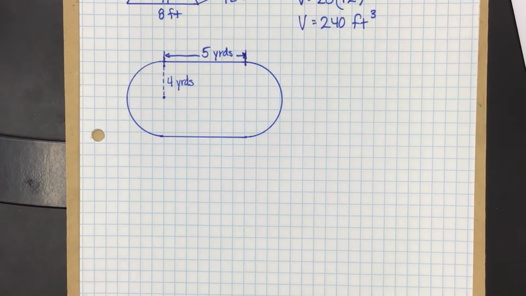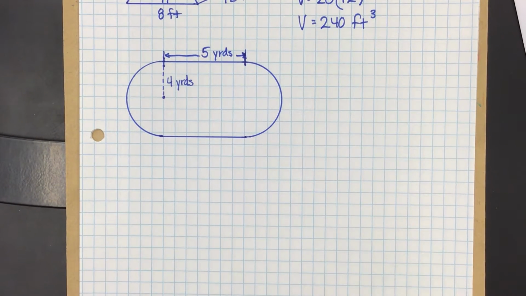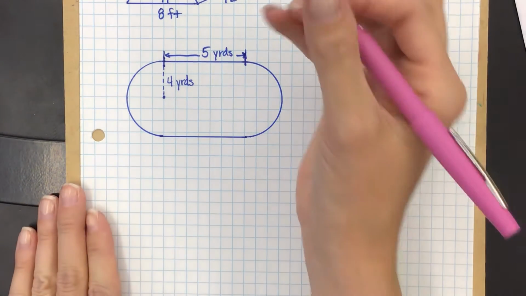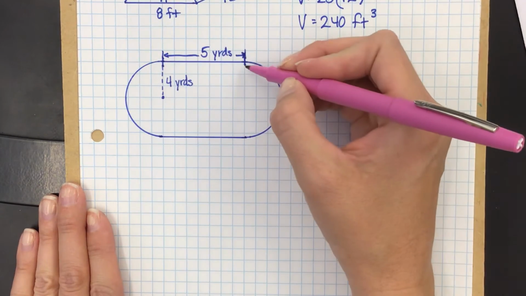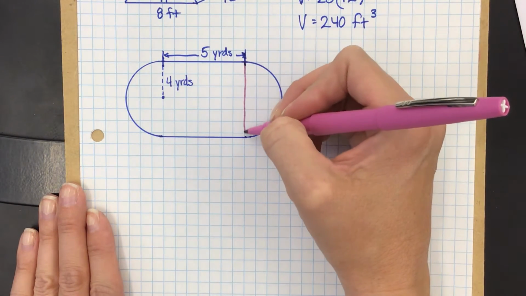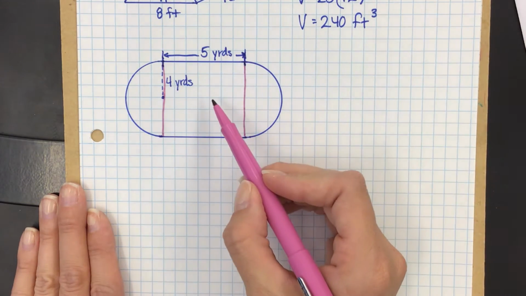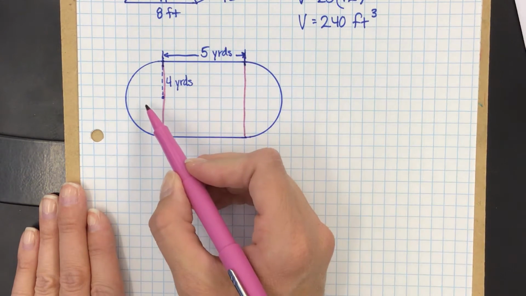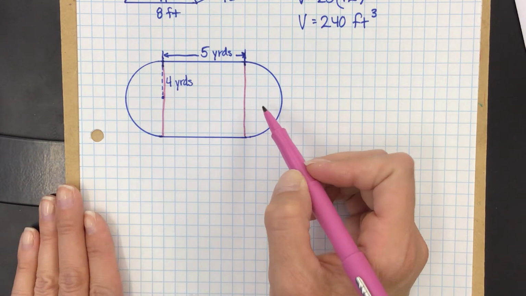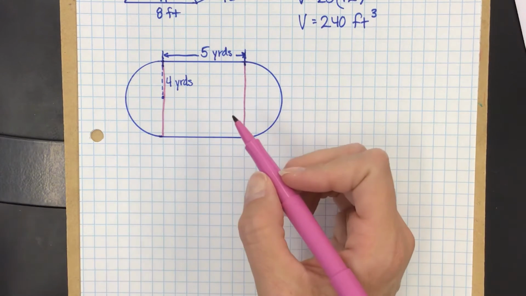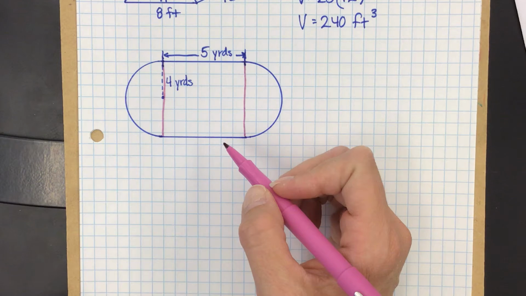Okay, so we want to find the area of this figure. This is a great example of a complex area problem. So let's break it into pieces here. Well, first of all, we can see if I just chop it up a little bit, I have a rectangle in the middle and a half a circle here and a half a circle there. So altogether, we basically have a whole circle, okay?